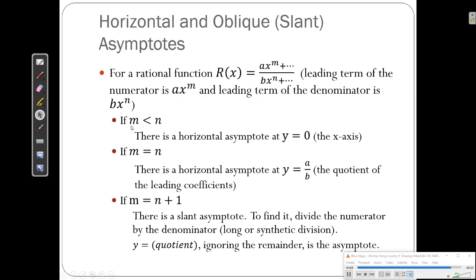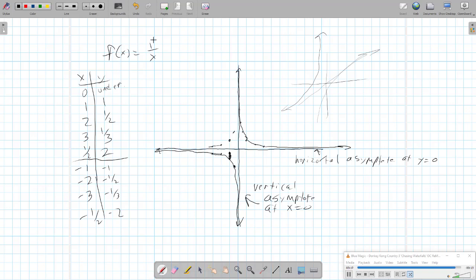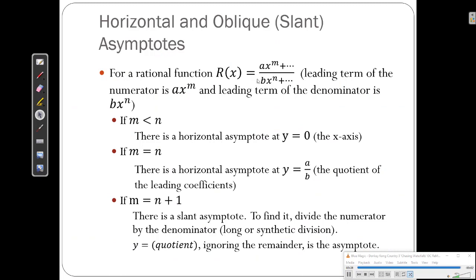If the top degree is less than the bottom degree, like the one we started with, 1 over x, where the top degree is 0 because that's 1x to the 0, and the bottom degree is 1, then you always have a horizontal asymptote at the x-axis, at y equals 0.